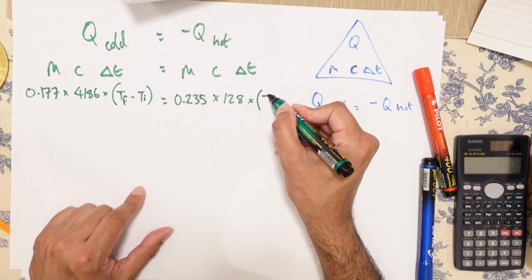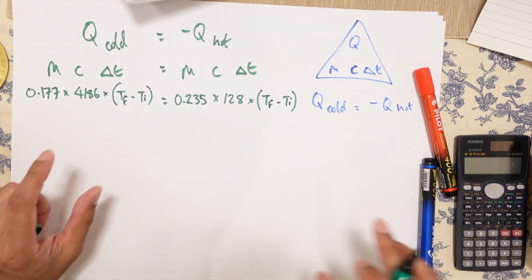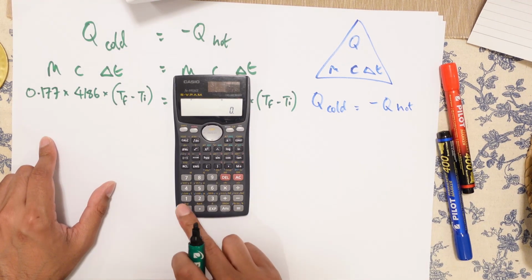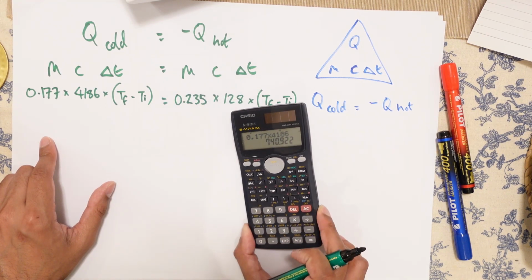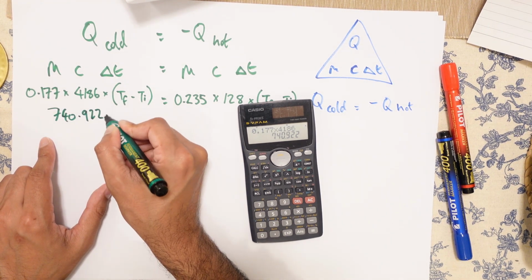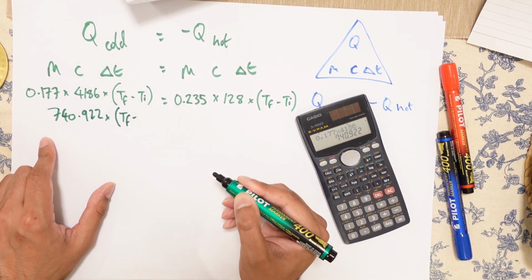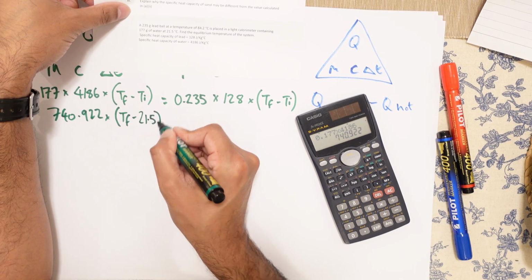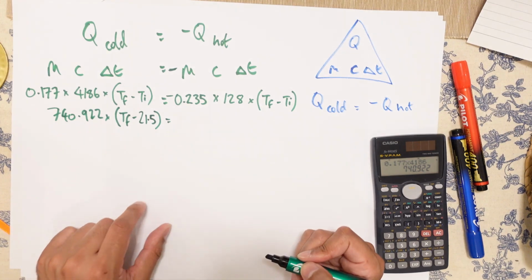Let's write that over here. Tf minus Ti. Now let's multiply this bit out. 0.177 times 4186 is equal to 740.922, multiplied by Tf minus, now the initial temperature for water is 21.5, which equals, now one thing I've missed out here is a minus sign, so let's put that in.